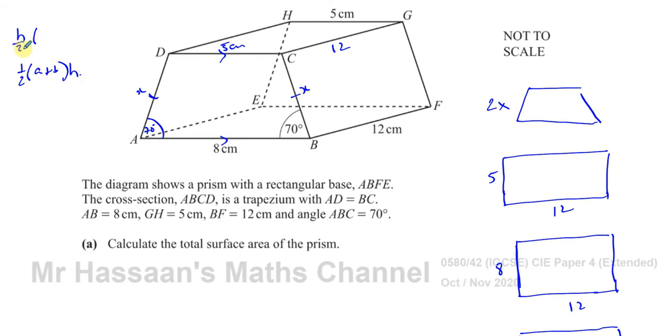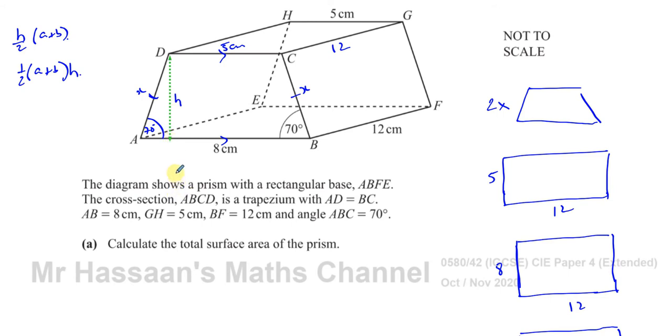I like to write h over 2 times (a plus b). It's the same thing. So it's a half of the distance between the parallel sides times the sum of the parallel sides. So here we have the two lengths of the parallel sides, but we don't have this vertical height. We need to find what that vertical height is. That's the distance between the parallel sides.